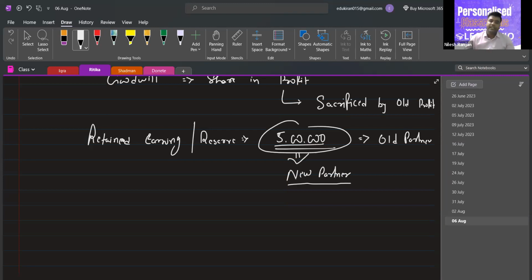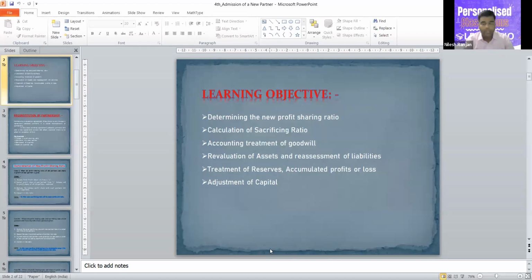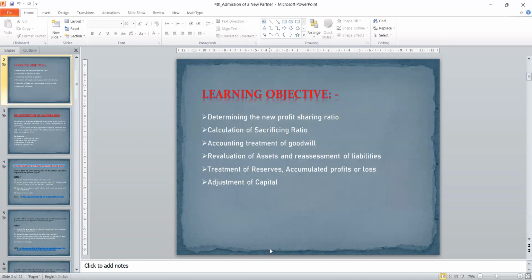And the last one is capital adjustment. Now, what is adjustment of capital? I just told you in the beginning that when a new partner comes, the old partners will demand capital from them, and they will decide on a certain basis. But sometimes they randomly say that you have to bring this amount as capital.